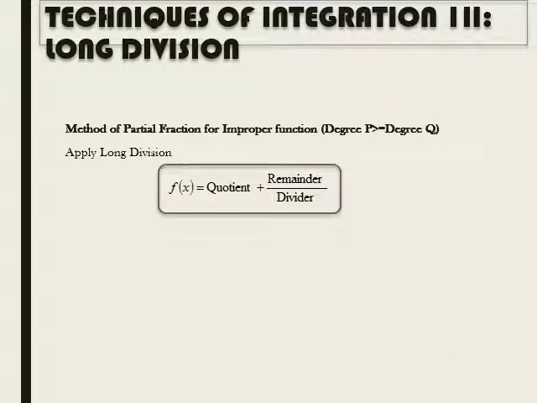Okay, the next technique of integration by using partial fraction is we need to apply long division first. Why? Because the degree of p is greater than the degree of q. So what is the result of the long division? It's like this: the quotient plus the remainder divided by the divisor.